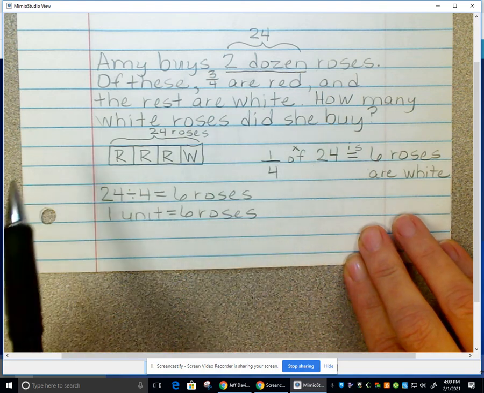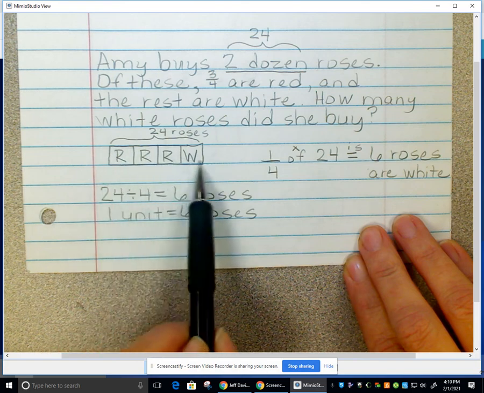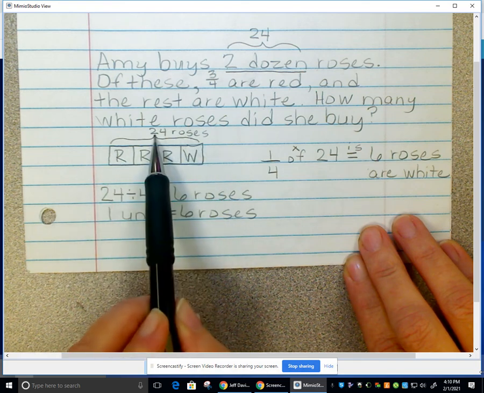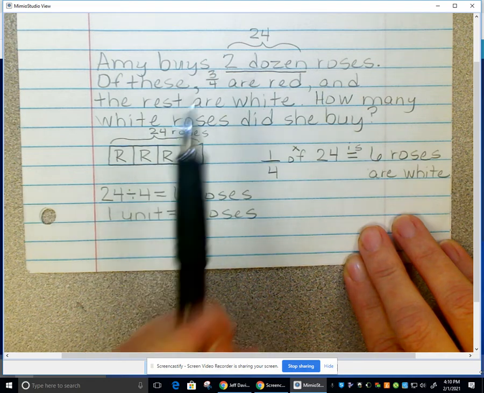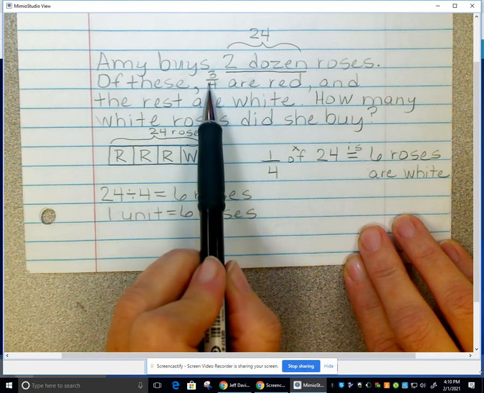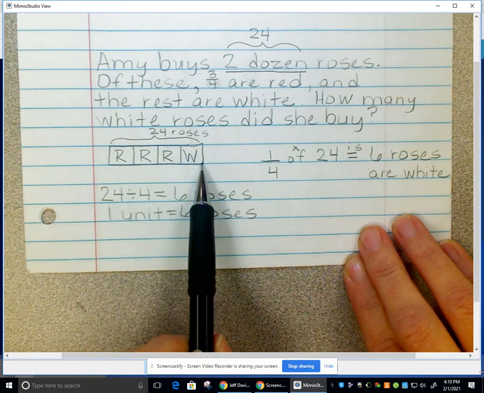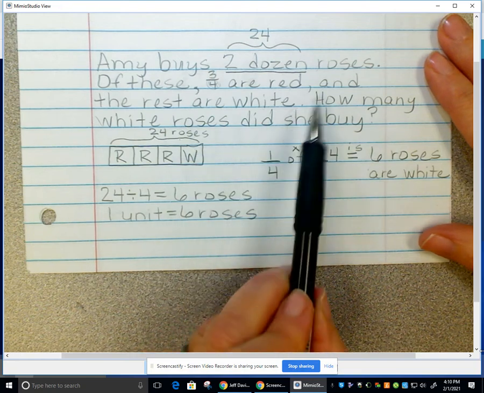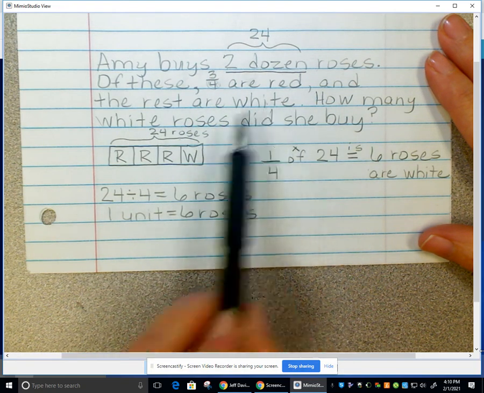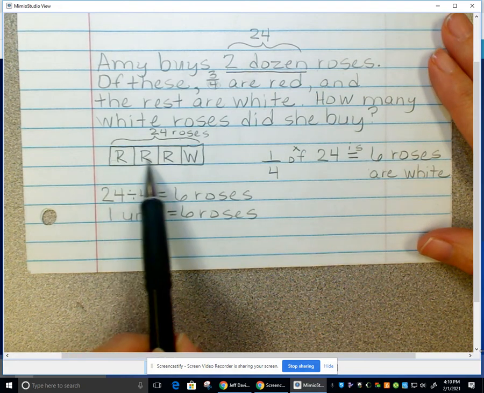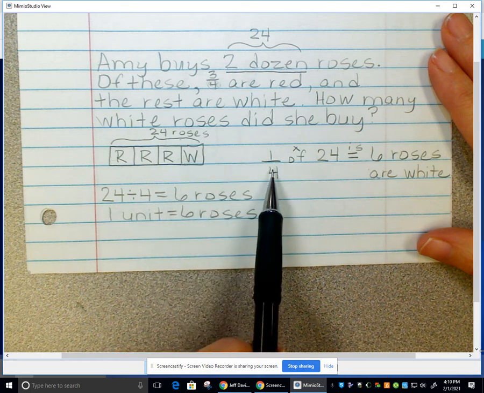Well, my whole was 24, so I drew my tape diagram and labeled it with 24. And I know that with 3/4, the 4 tells me the number of parts, so I put it into 4 parts. It says of these, 3/4 are red and the rest are white. Well, if 3/4 are red, then 1/4 would be white.